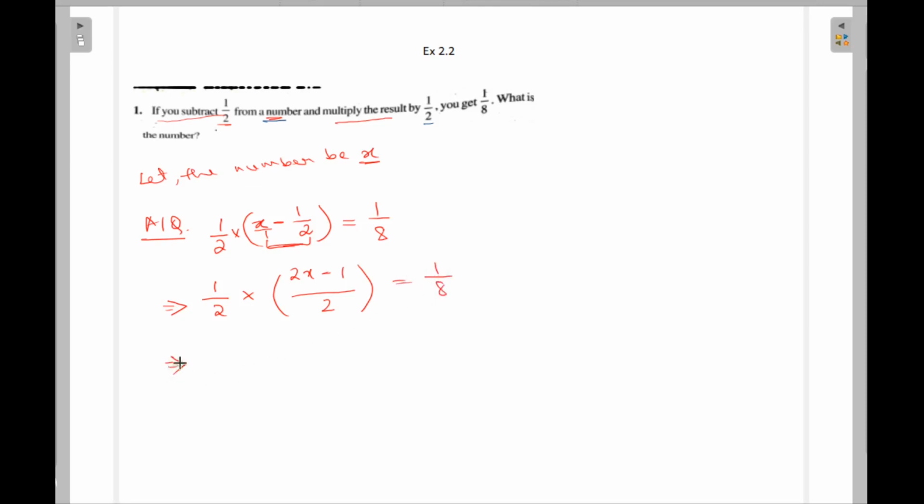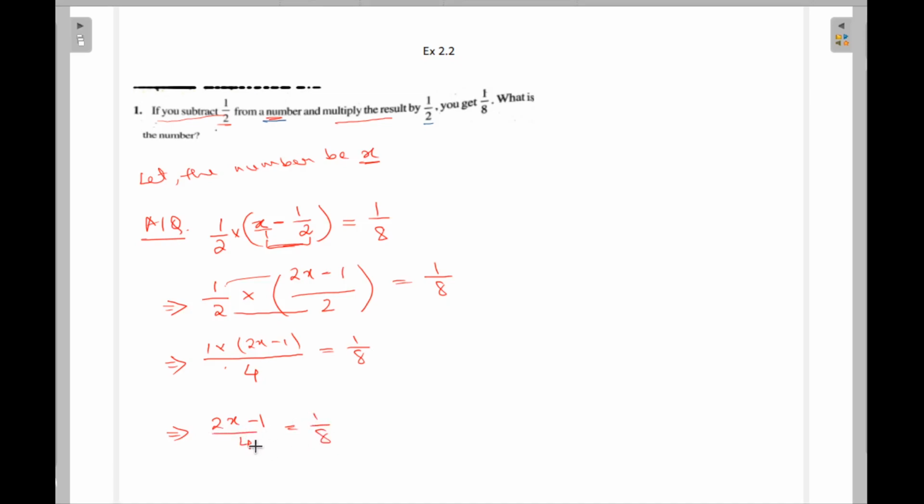Now numerator multiplied by numerator, that means 1 multiplied by twice x minus 1, and denominator multiplied by denominator, so it is 4, equals 1 by 8. Now this is twice x minus 1 by 4 equals 1 by 8.